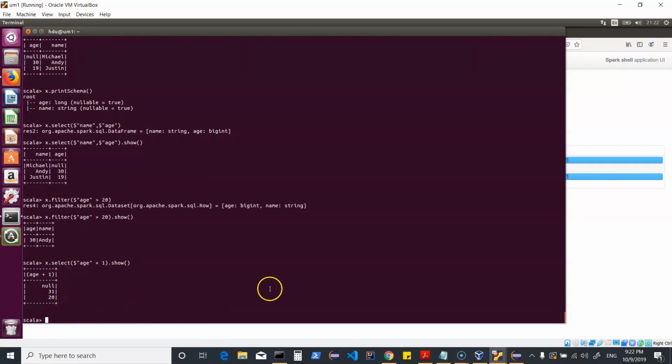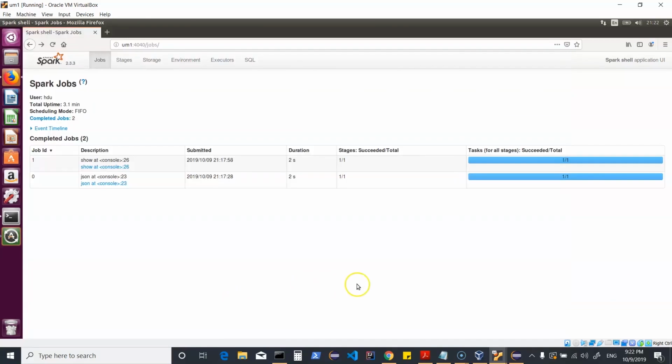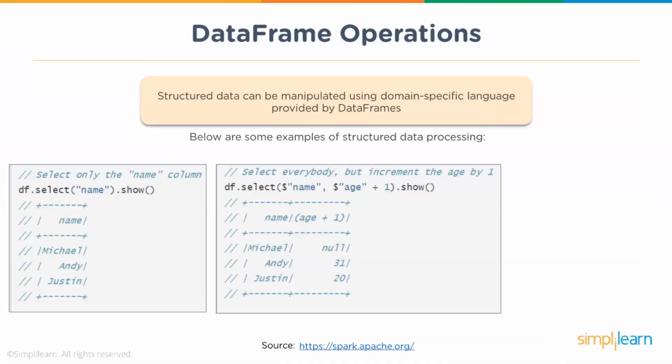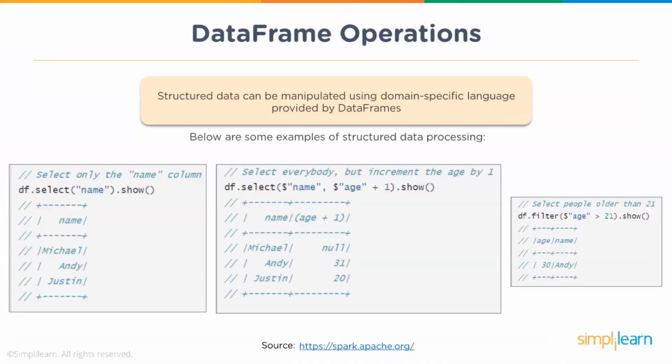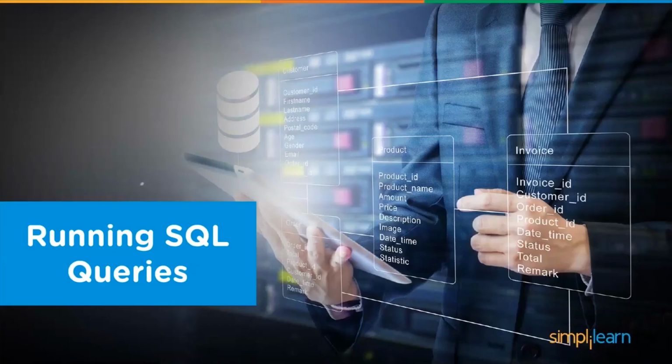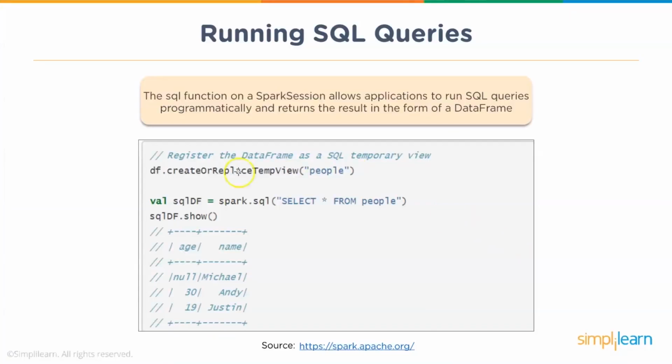So these are some simple data frame operations which we are doing based on a file which we have here. Now I could be picking up a bigger file and doing more functions or more transformations on that. I could be doing a filter, as I said, a select. I could be running my SQL queries by creating a temporary view out of it.